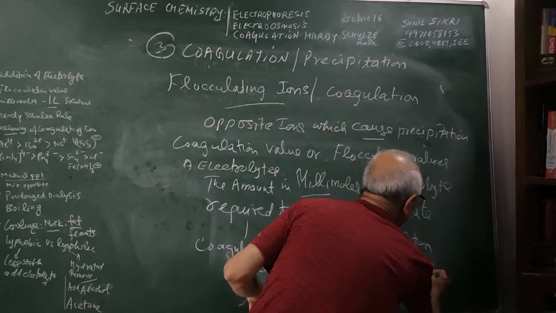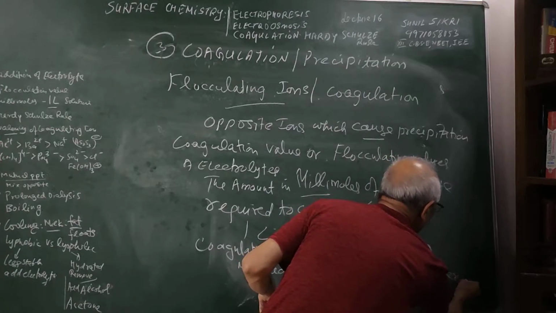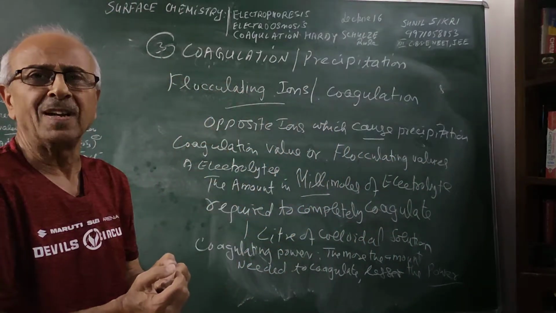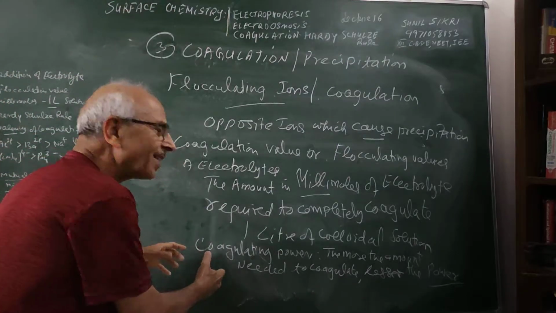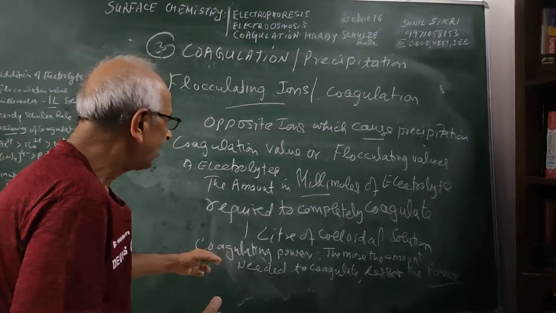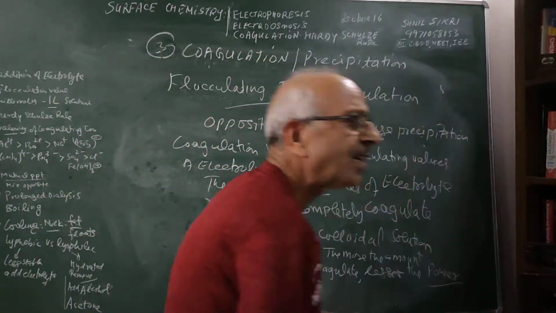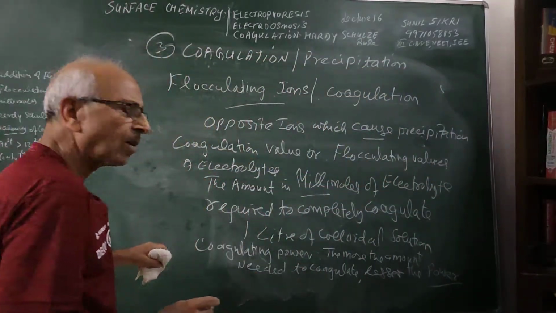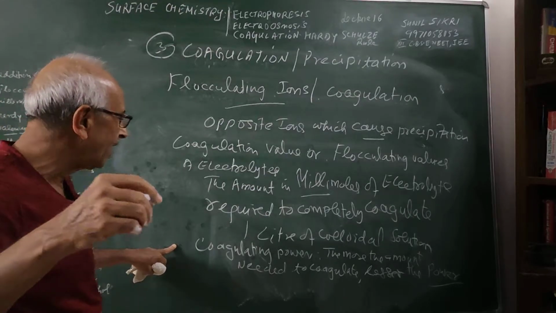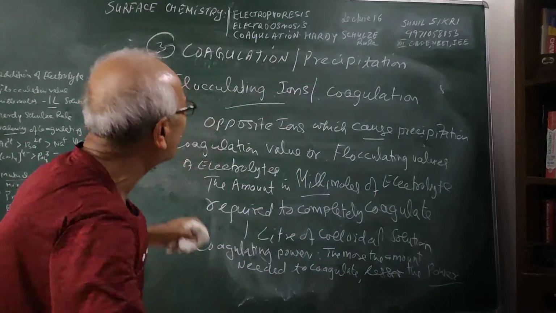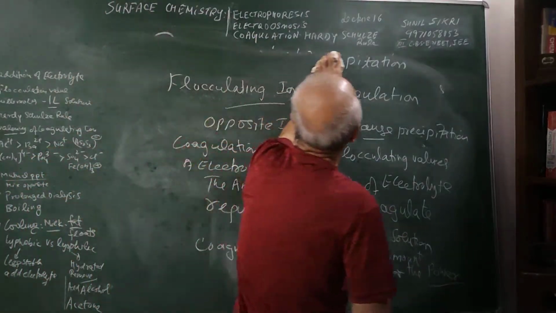So if you need less amount in millimoles to coagulate, then it has a bigger coagulating power. The smaller the amount needed to coagulate the colloidal particles by adding electrolyte, the more is the coagulating power, the flocculating power of that electrolyte.